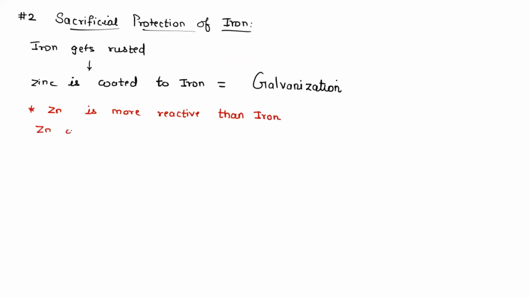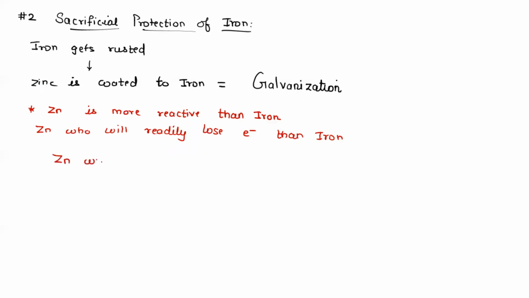So it is the zinc which will readily lose electrons rather than iron. It is the zinc which will come forward and lose its electrons, meaning the zinc will oxidize. It will act as a protecting barrier for the iron, so that the iron will be protected.